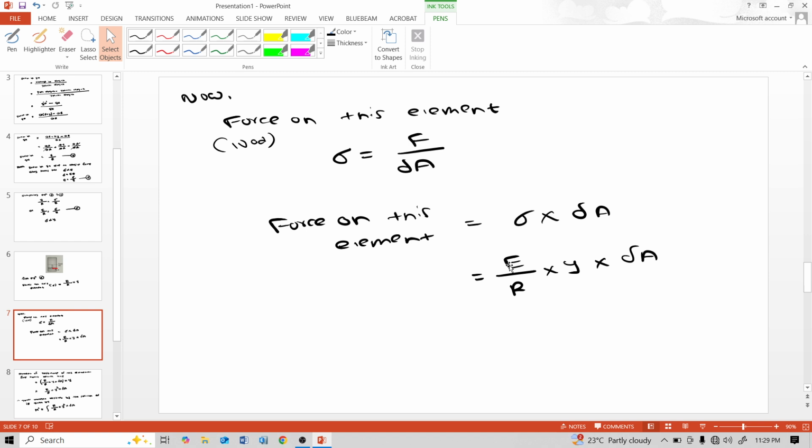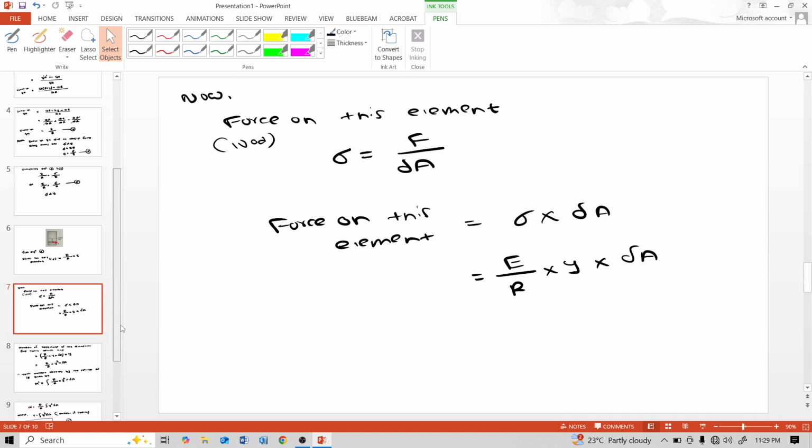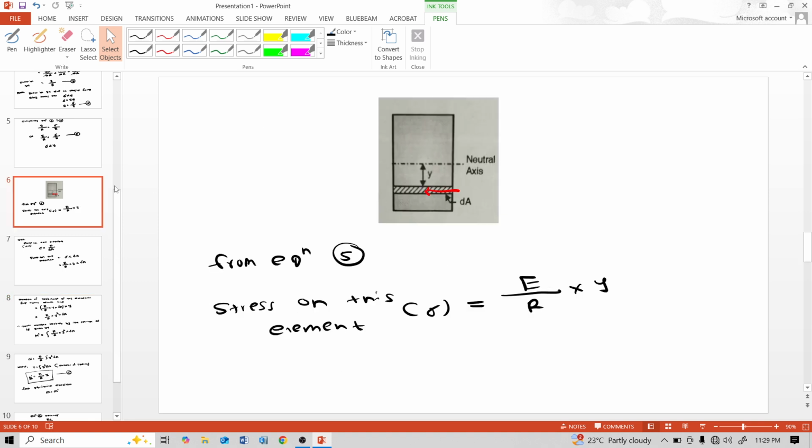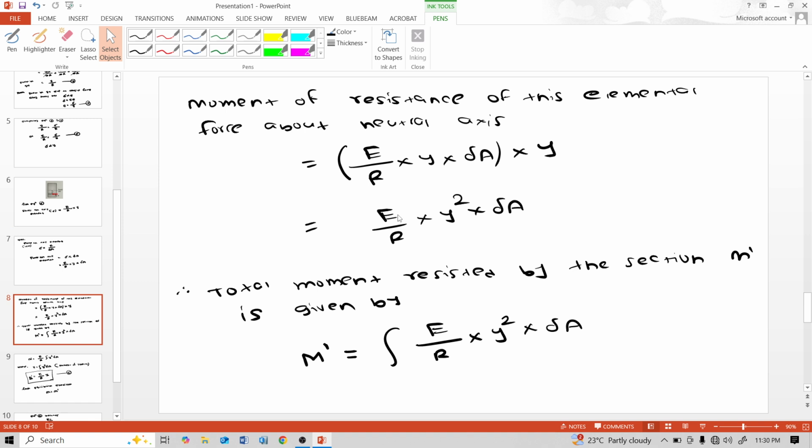Force on this element is E upon R into Y into delta A. Now moment of resistance of this elemental force about neutral axis. Moment is load into perpendicular distance. This load is E upon R into Y into delta A, into distance Y.